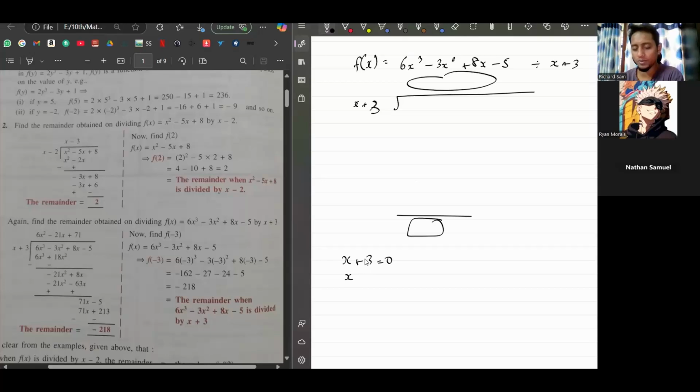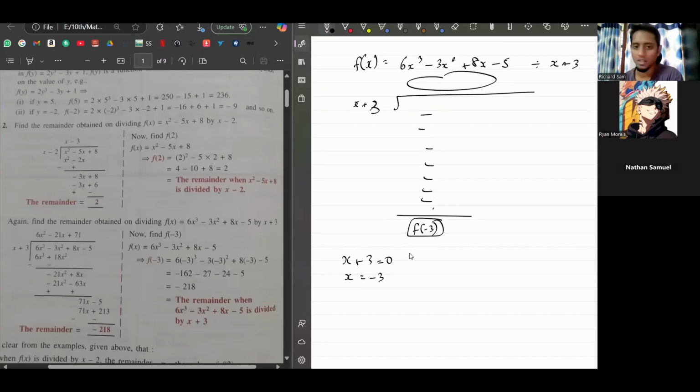If we take the plus 3 to the right, x will be minus 3. Now to find the remainder, you just have to do f of minus 3. Then f of minus 3 will be the remainder. That's what remainder theorem tells. So instead of doing the whole division with x plus 3 and doing all those steps and finally getting the remainder, you can directly get the remainder in one step just by finding f of minus 3.